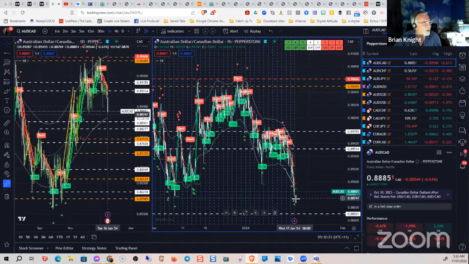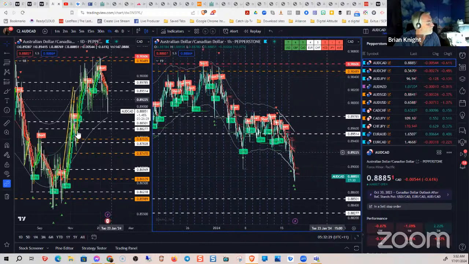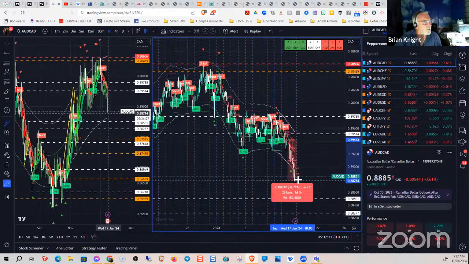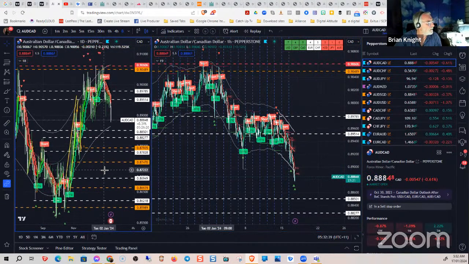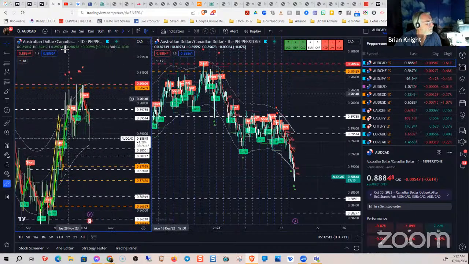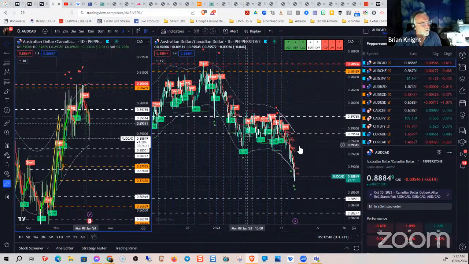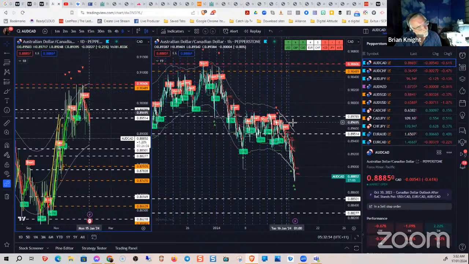So CAD obviously increased. I think the Aussie dollar decreased with sentiment, and we had this nice move yesterday. It did do a bit of a jump, but it's moved about 50 or 60 pips. It's now broken structure, broken out of the longer term sideways consolidation.